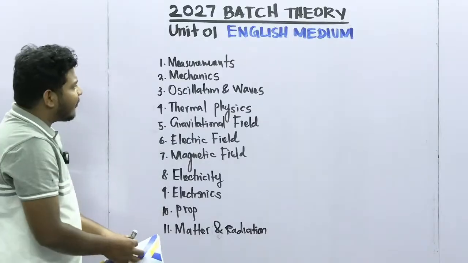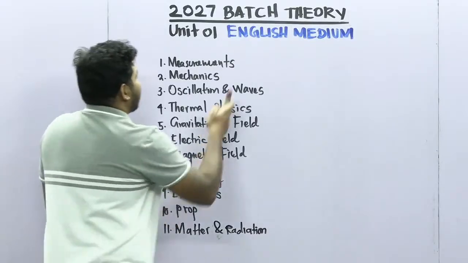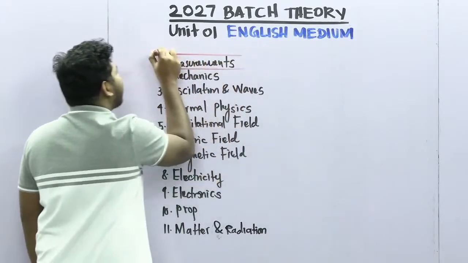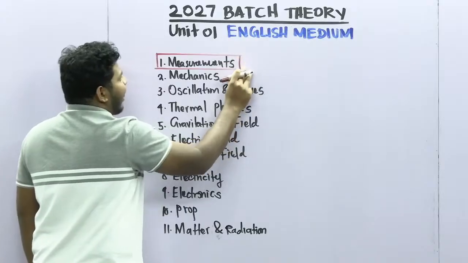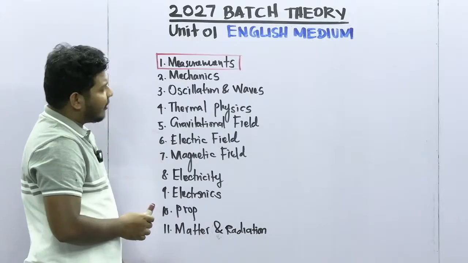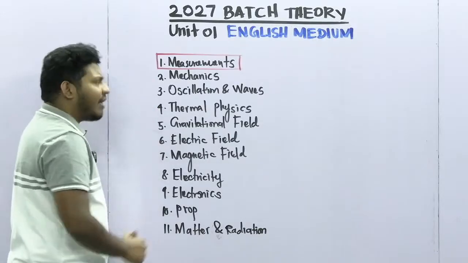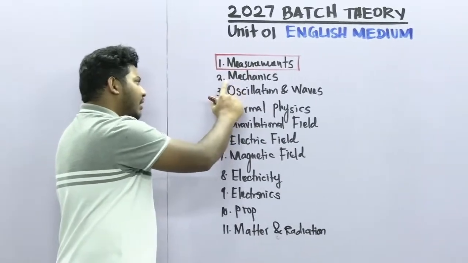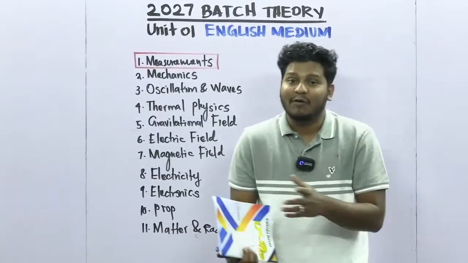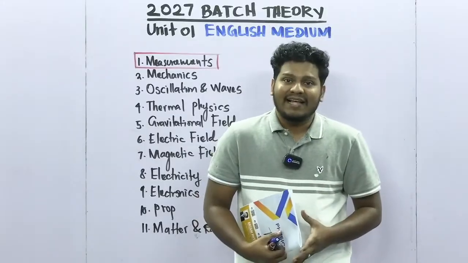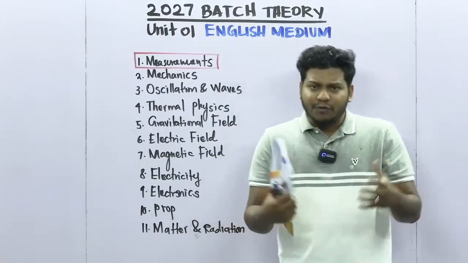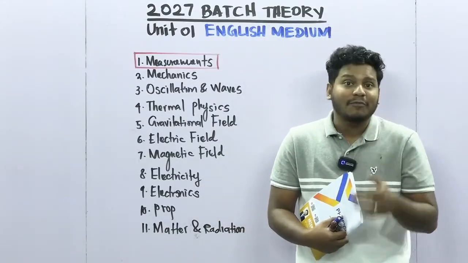The first unit is measurements. We want to study about the measurements here. I'm going to give you some introduction about these units. In mechanics, we will study the linear motions: linear motion, motion under gravity, and also projectile motions.